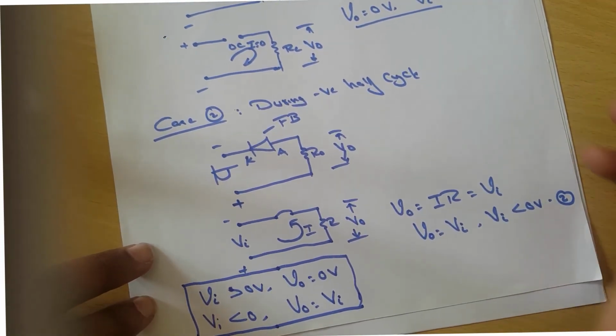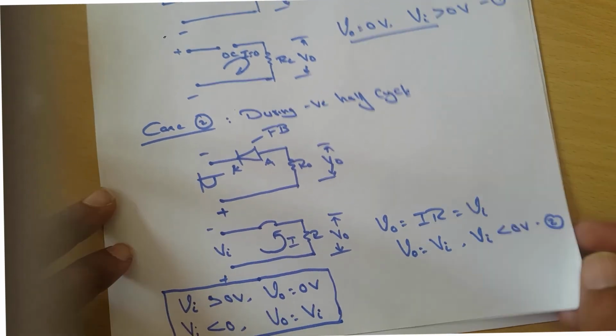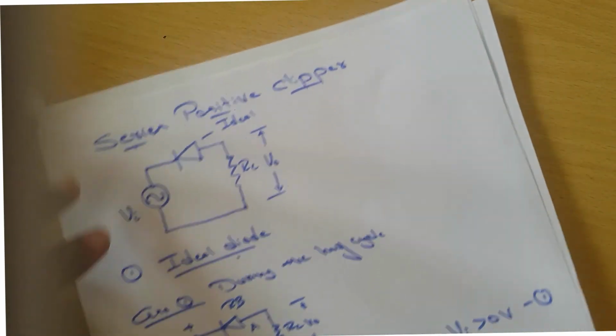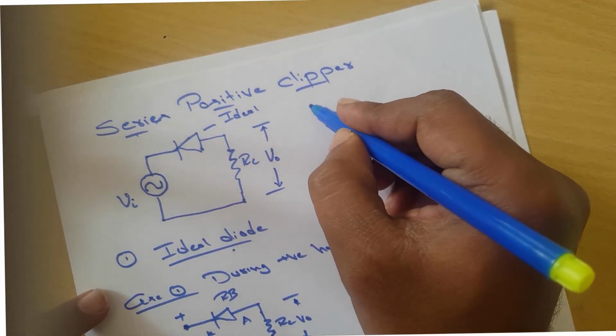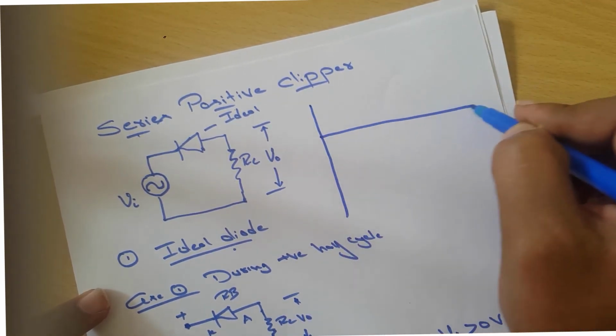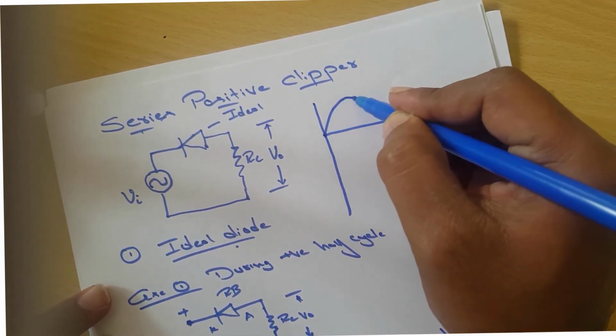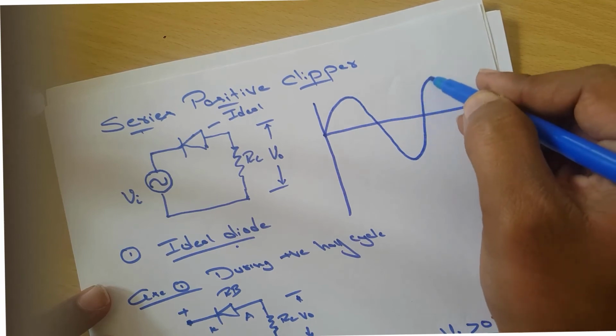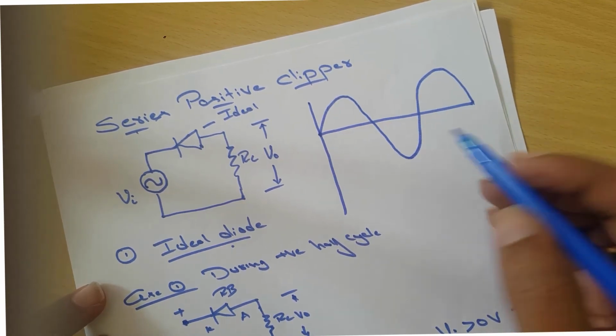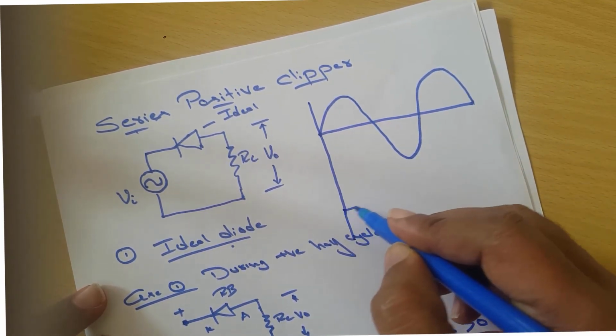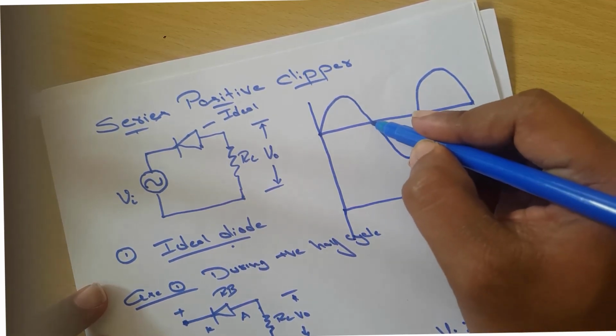Now let me write the waveform for the series positive clipper. Let us consider an input sine wave. This is the input signal which is given, and these are the references.